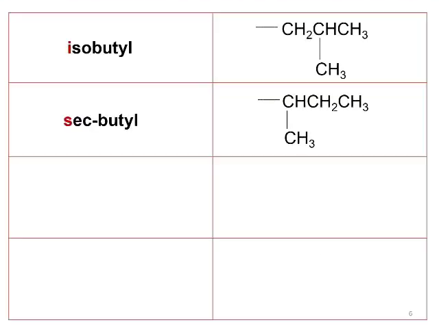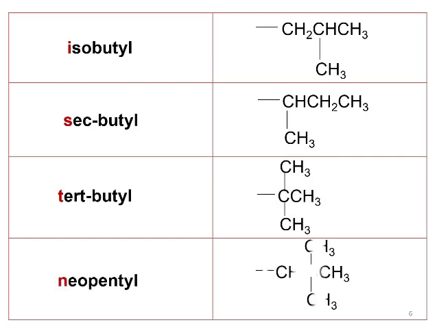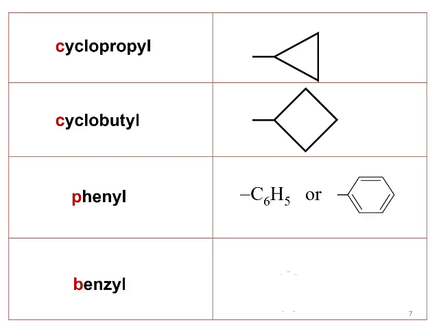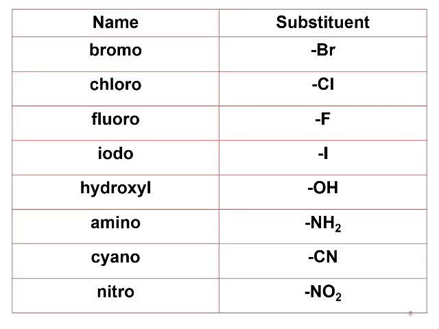Next, we have isobutyl, sec-butyl, tert-butyl, and neopentyl. This is an example of a cyclic and aromatic compound as a substituent. These are other common substituent groups.